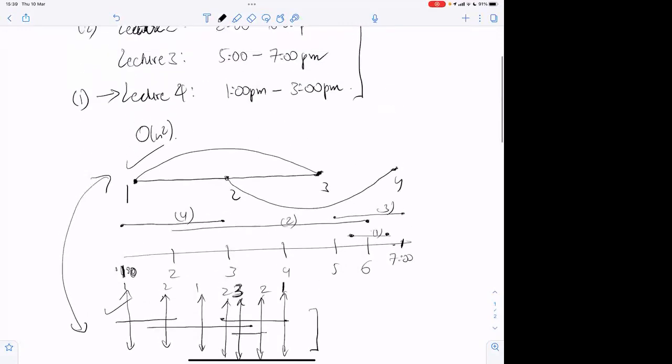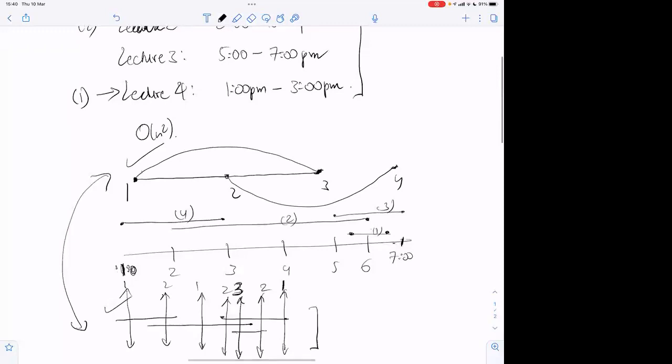Correct? The other way is to do a valid coloring of the graph. What do I mean by valid coloring of the graph? A valid coloring of a graph is allocation of colors from a palette to the vertices, so that adjacent vertices get different colors. For example, I'm not going to use colors, but call this red, call this green.